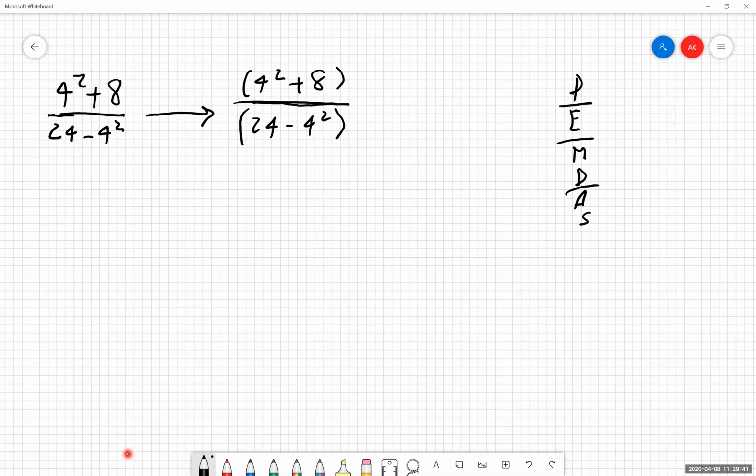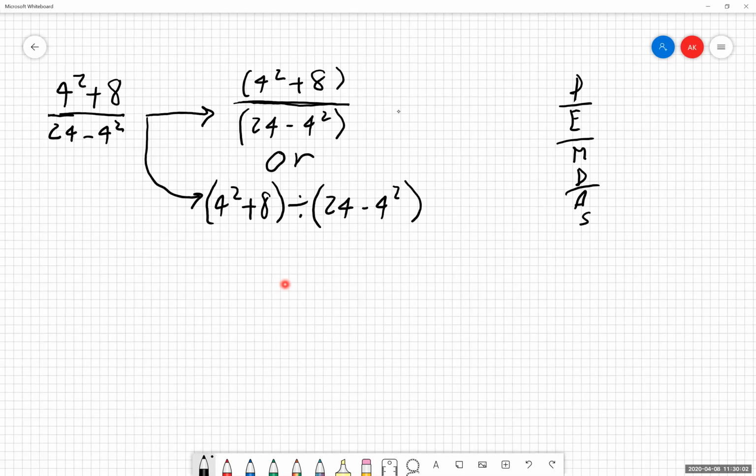Or you can rewrite it into a more explicitly written out form: 4 squared plus 8 divided by 24 minus 4 squared. Either of these two options work. It does not matter which way you would like to reorganize it for yourself, but I would highly recommend you do at least one of them, because this is not at face value inherently easy to see what to start with in PEMDAS. Okay?